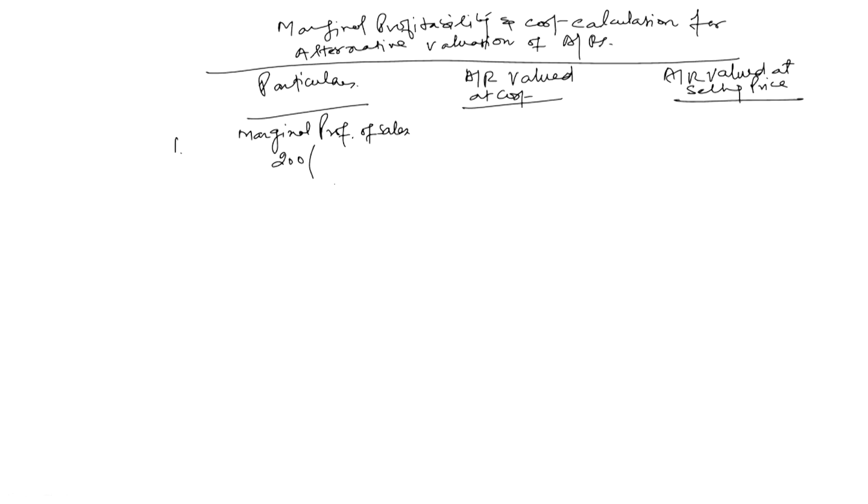And what is the profitability? If the variable cost is 80%, the marginal profitability is 1 minus 0.80. So this is going to be 40 crores, and here it is also 40 crores, whether it is valued at cost or valued at the selling price. The marginal profitability on the marginal sales of 200 crores is going to be 40 crores in both the cases.